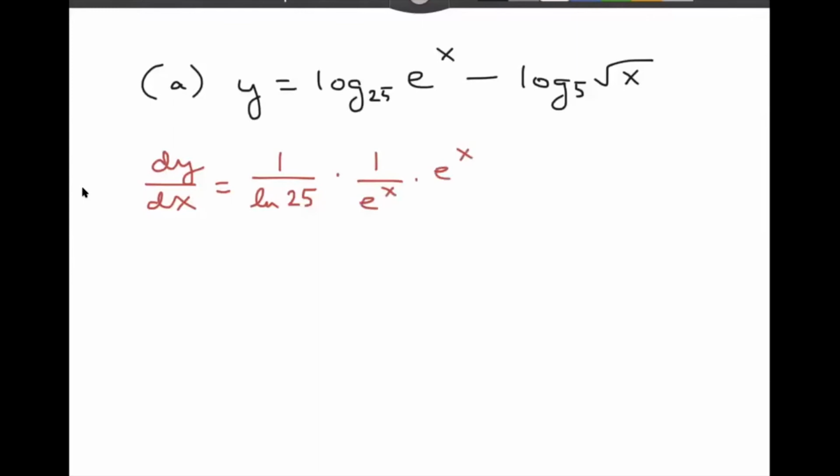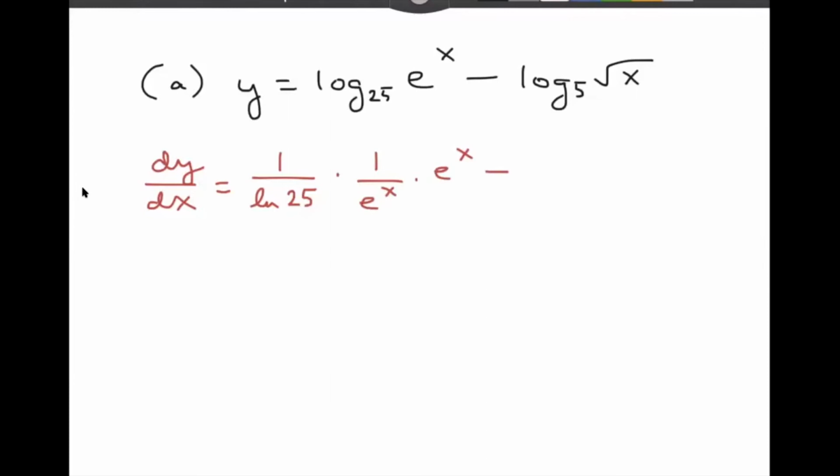And it's interesting to think about, why does that happen, right? And I think if you rewrite your log base 25 of e to the x using the change of base formula, you'll see exactly why that happens. All right, so let's look at this.